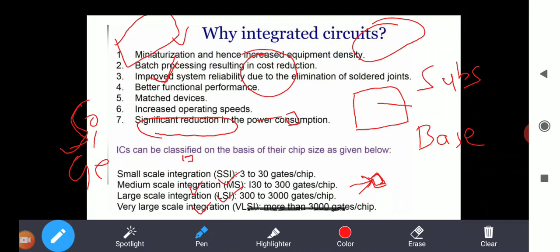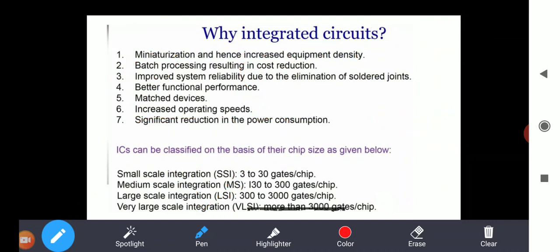Now, why integrated circuits? Why are we using integrated circuits? Because of very small size, miniaturization, and hence increased equipment density. Here, what is density? Because of the small size, the number of transistors is more.